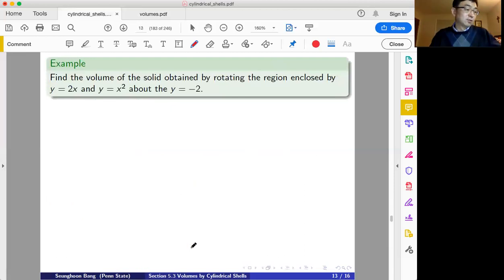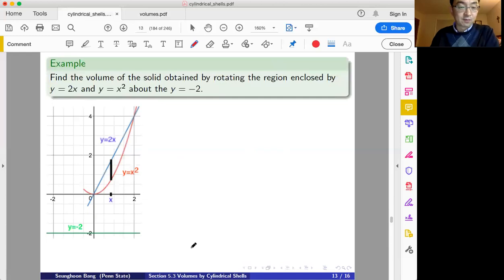Next one. The same. The only difference is the rotating axis is y equals -2. You can choose x. We have a segment, this black one.